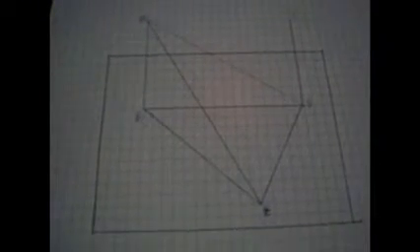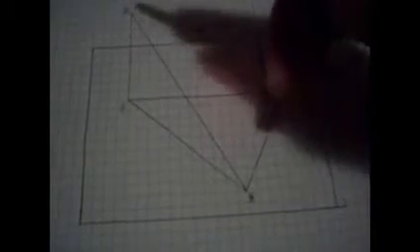Let DE be made equal to AB. Well, the length of this is equal to the length of this. Okay. Now, let BE, AE, and AD be joined. Well, we did. BE, AE, and AD, they've all been joined.